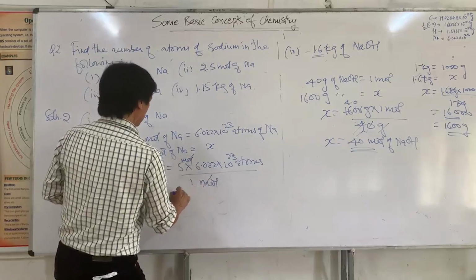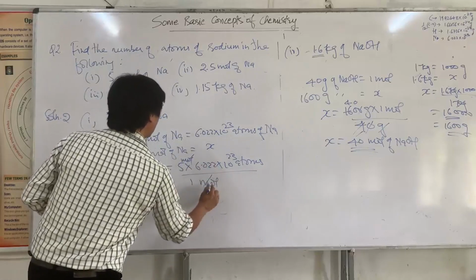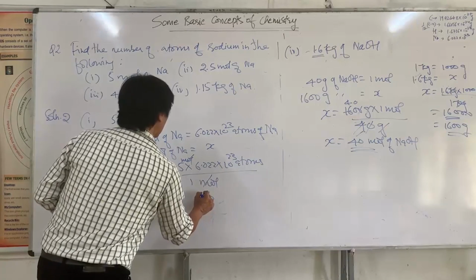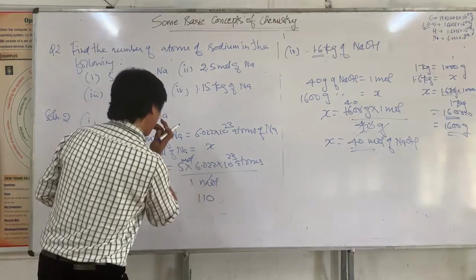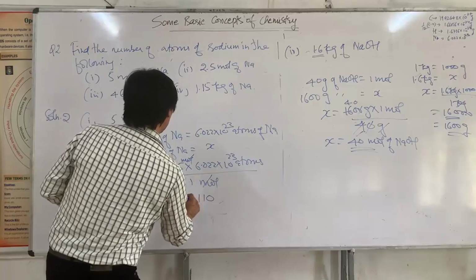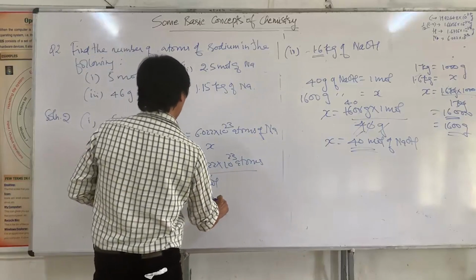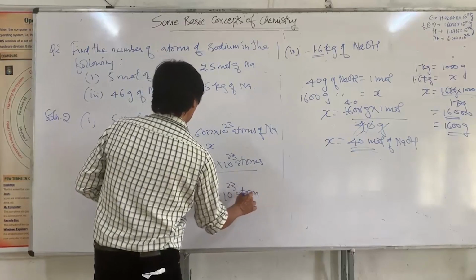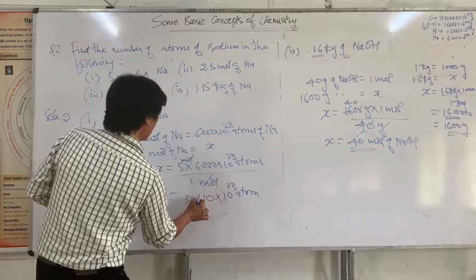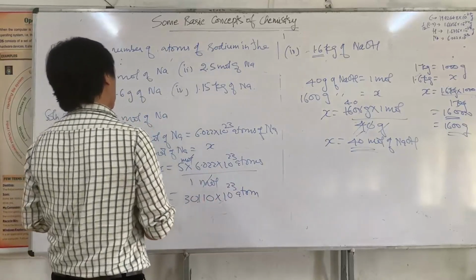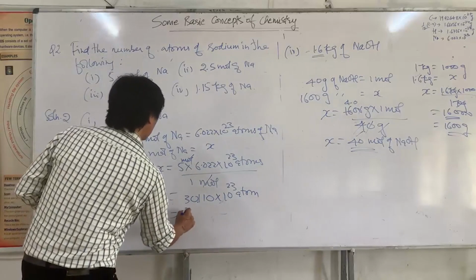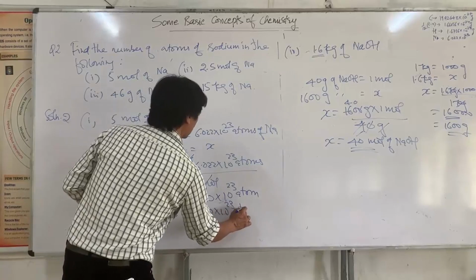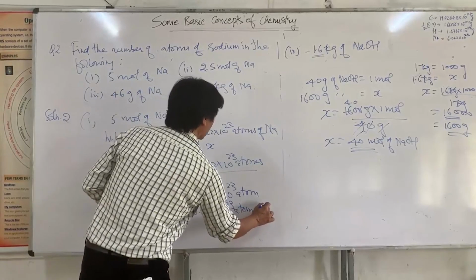So mole and mole get cancelled, and finally just multiply these two, so it becomes 5 times 6.022, which is 30.110, into 10 raised to the power 23 atoms of sodium.